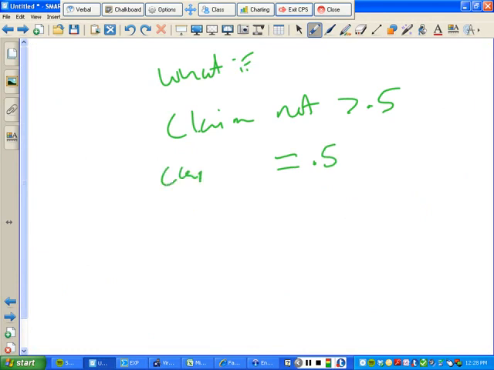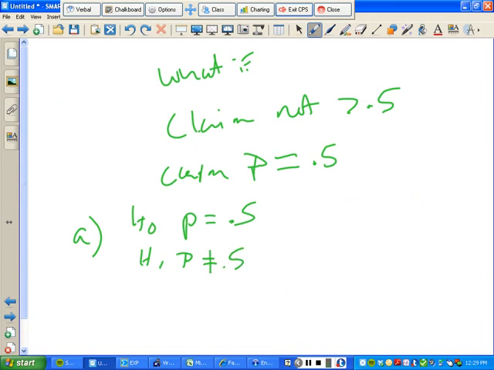Because if the claim is that p is equal to 0.5, then part A would be H0: p equals 0.5, H1 would be that p is not equal to 0.5, right? Then B, because this is a not equal sign, would be a two-tail test.